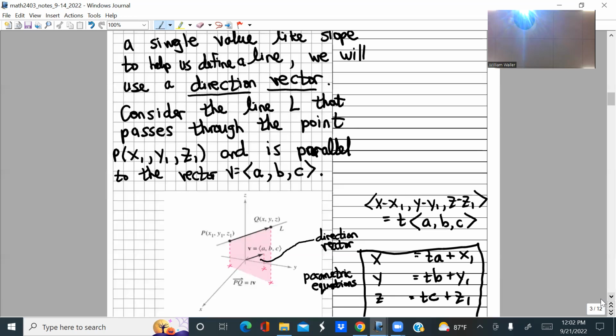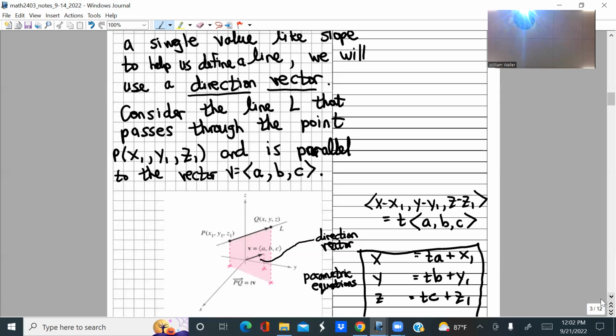Now, here's what we need to know, however, to efficiently write down equations for this line. We need to know a vector that is parallel to this line. That would be easy to compute. You could easily find a vector that's parallel to this line if you knew 2 points on the line, correct?